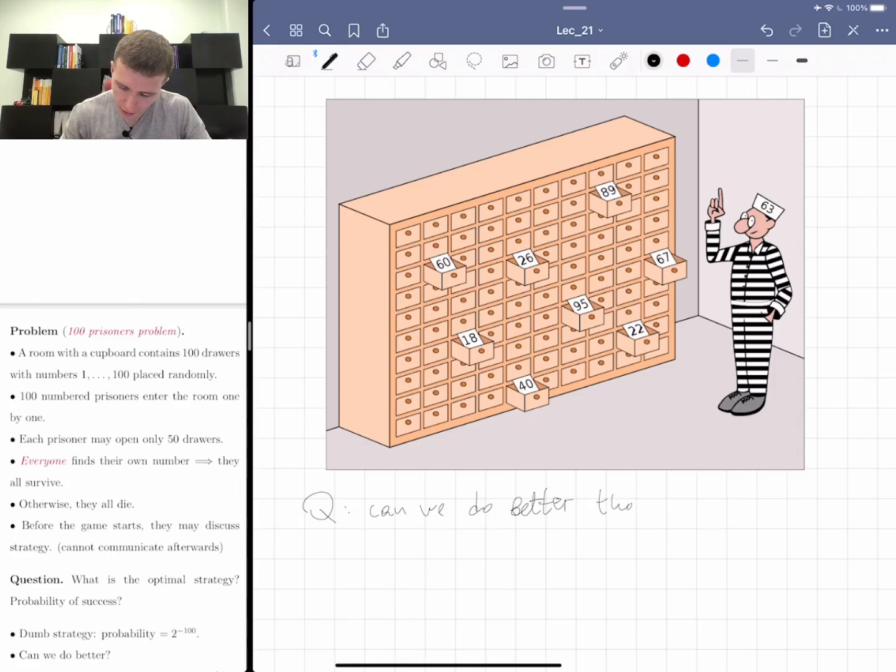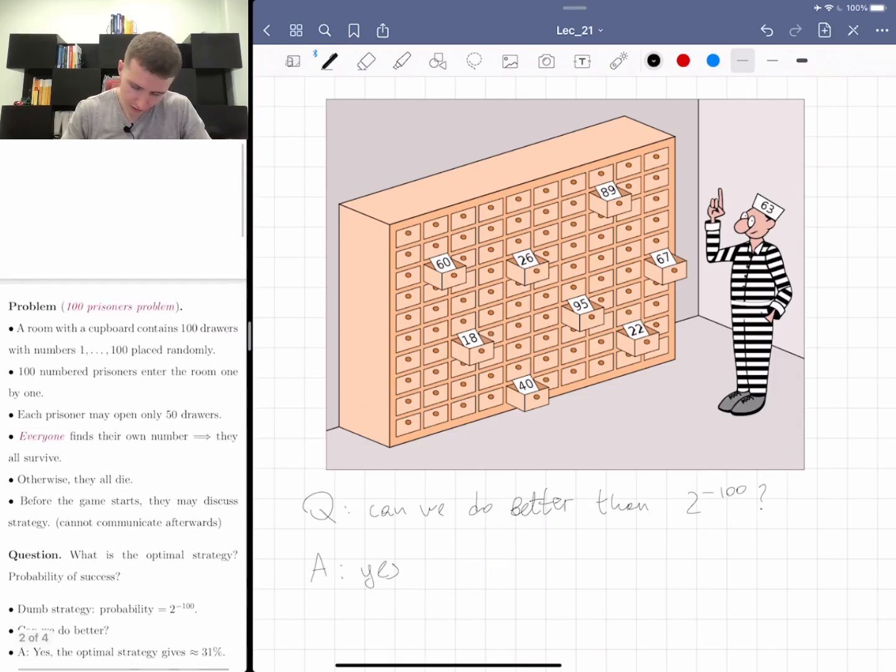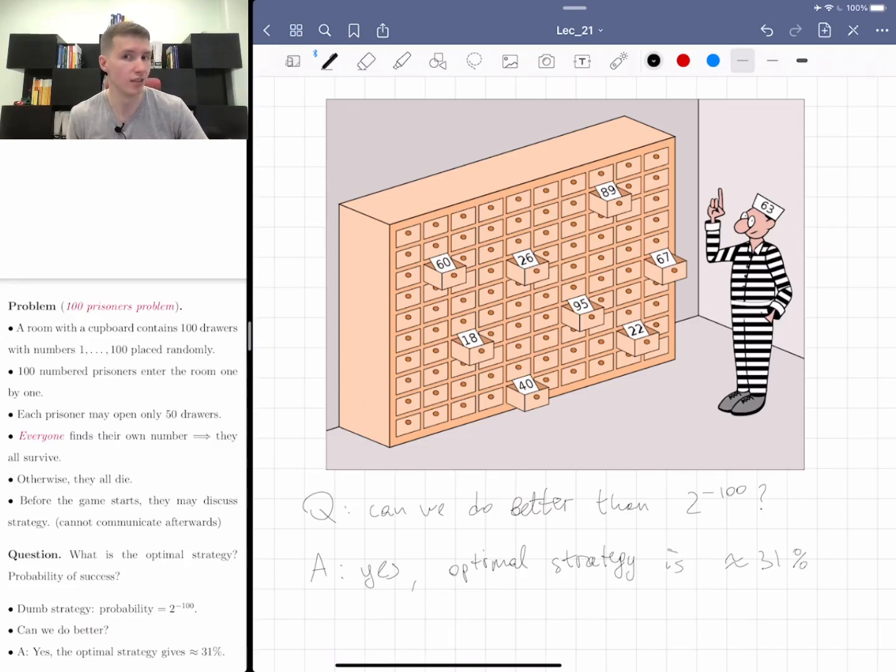than 2 to the negative 100? And the answer is yes, we can do better, and the actual probability of the optimal strategy is about 31%. The strategy of everybody finding their own numbers is about 31%, which is completely mind-boggling if you compare these two numbers.